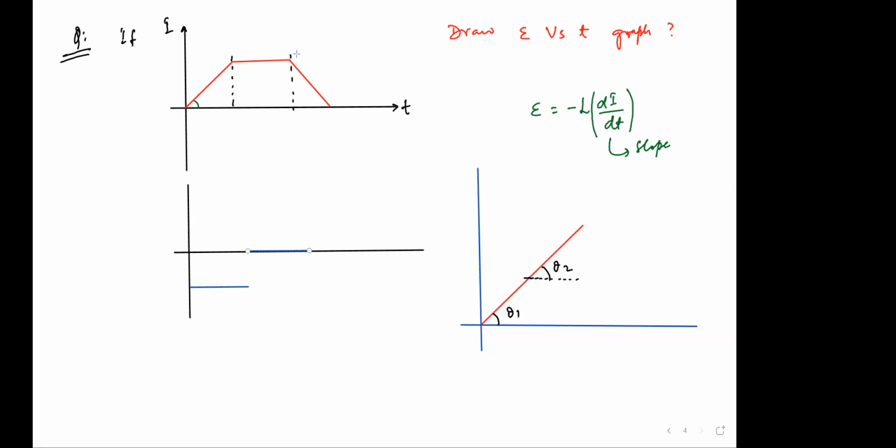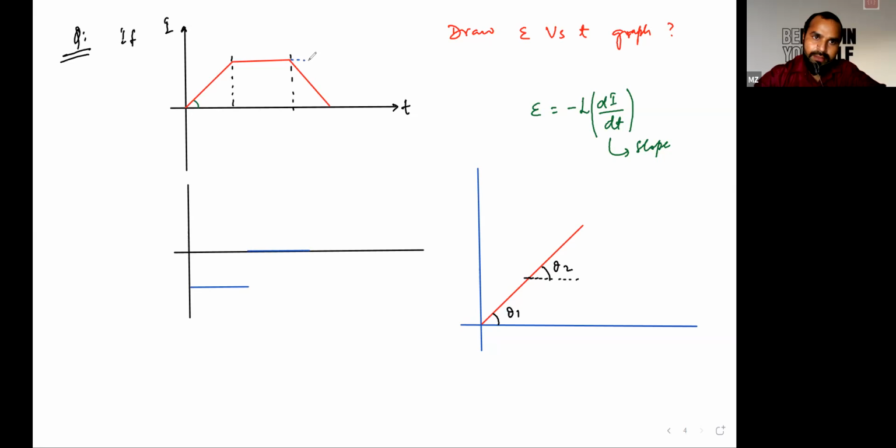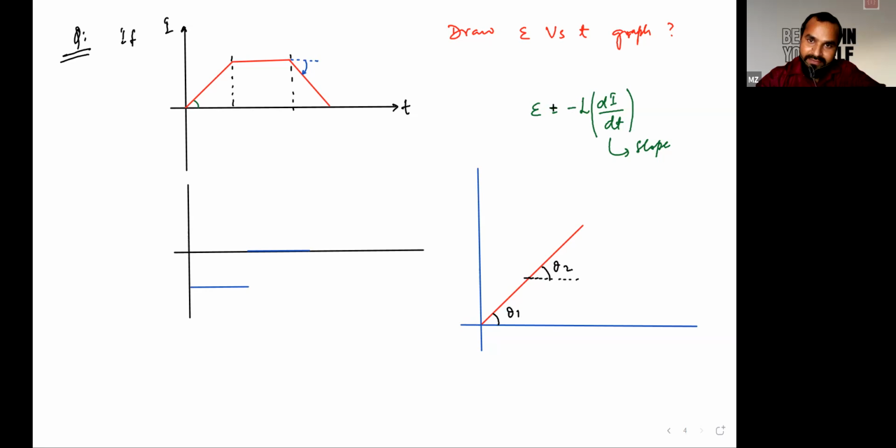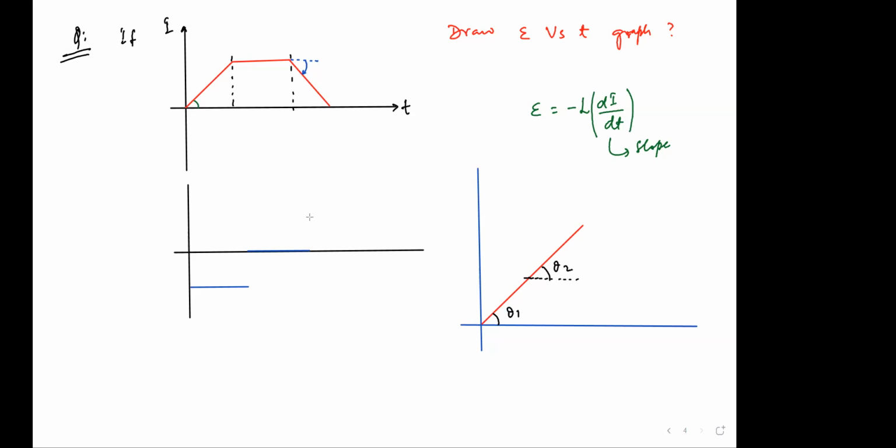Now just check again the third part. Just draw a horizontal line and take the inclination of this particular with respect to x-axis. Whether it is positive, negative, or 0? Negative. So if we multiply a negative sign with it, it will become positive. Good.